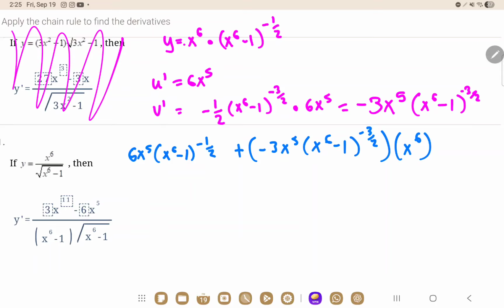Now let us multiply. Okay, so let's simplify it more.